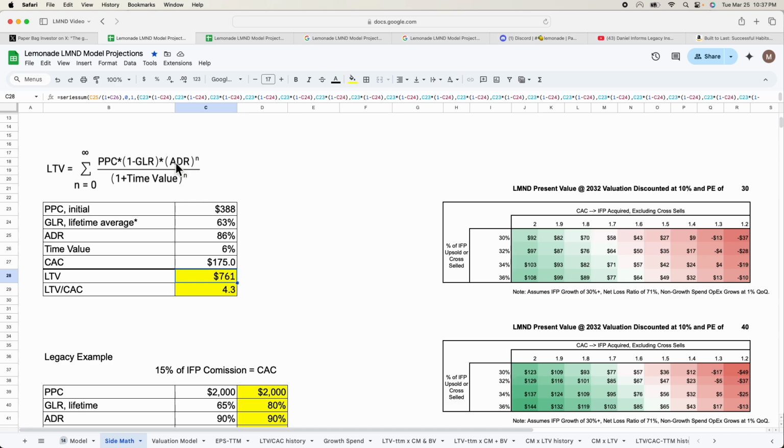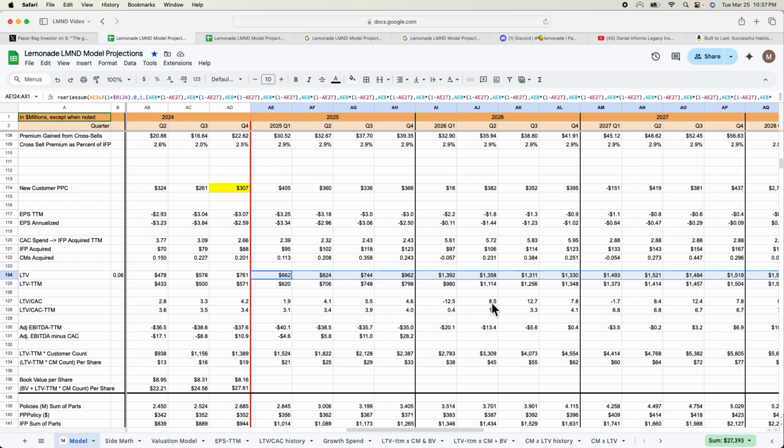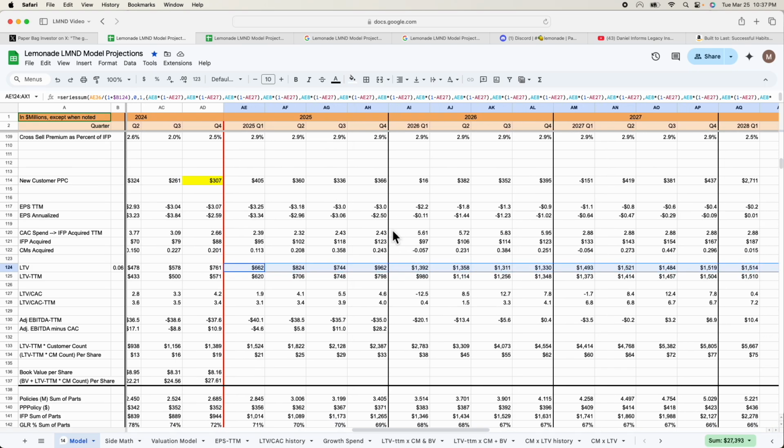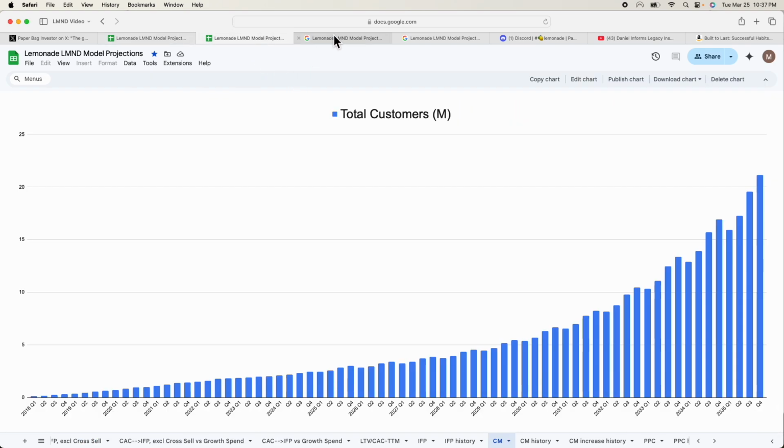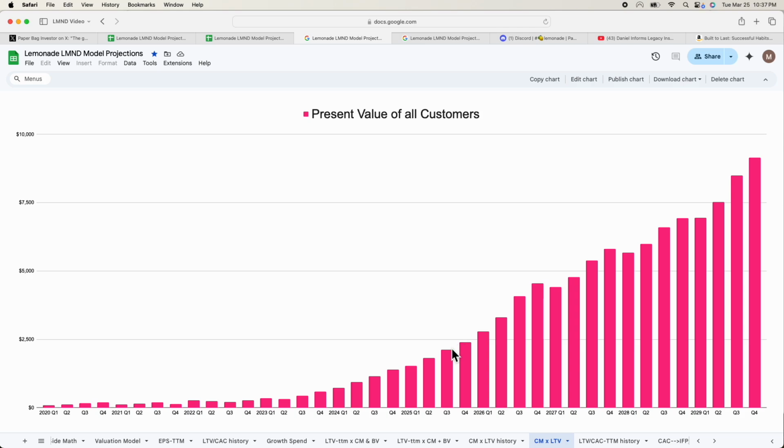And your gross loss ratio maybe even gets better for car, better overall, consistently better. And then your premium per customer, even where you're starting at, gets higher. So then your LTV gets higher, and it goes from that 700 to that 1700 range over a 5-year span. But it's really significant growth here.